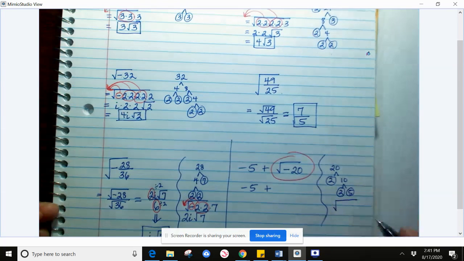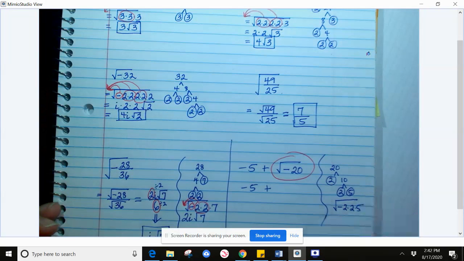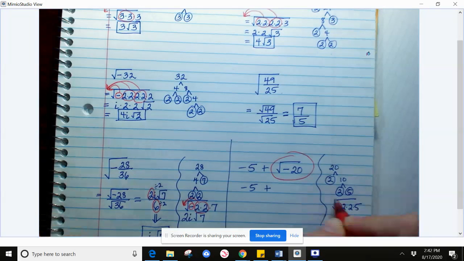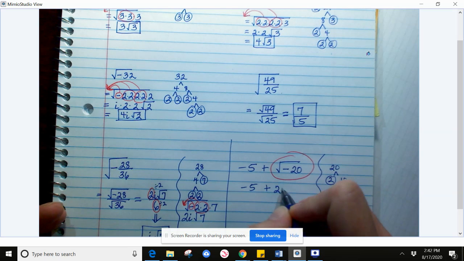The square root of negative 20 is negative 2 times 2 times 5. So we're going to have a negative and a set of 2's. So it looks like this reduces to 2i square root 5. And all I'm going to do is just bring that over here. Notice I brought the negative down and the plus, and that's a 2i square root 5.